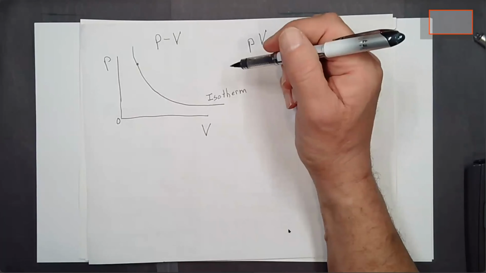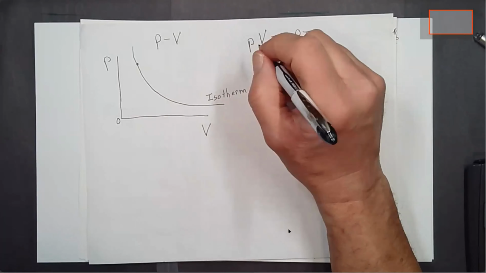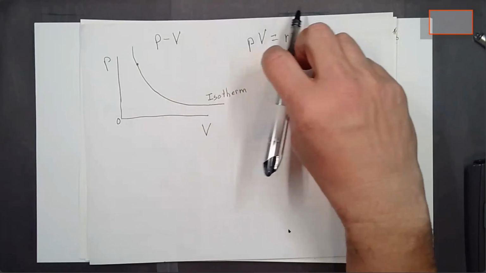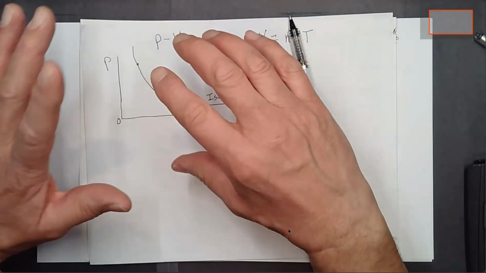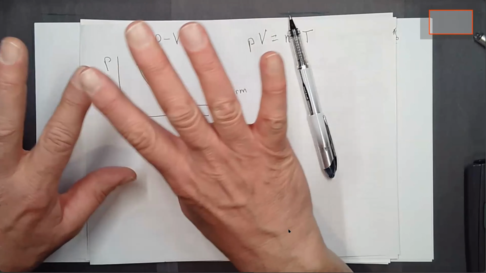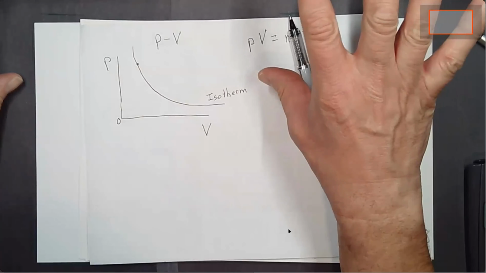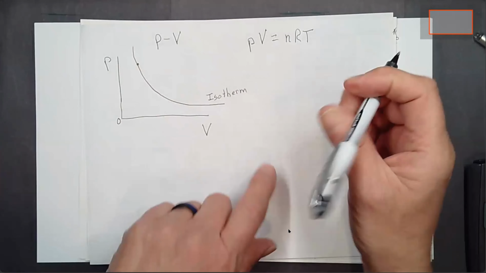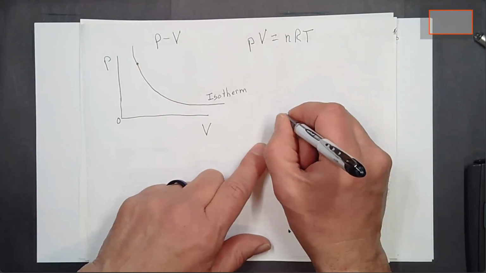But for now, let's think about how a gas could do work. The only thing it can do is expand against its environment. That means it's going to do work on it. Now, here's where that could happen.